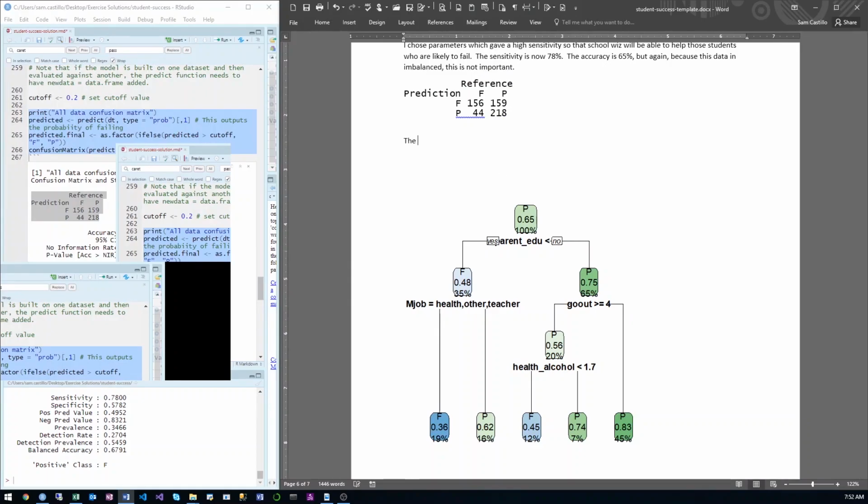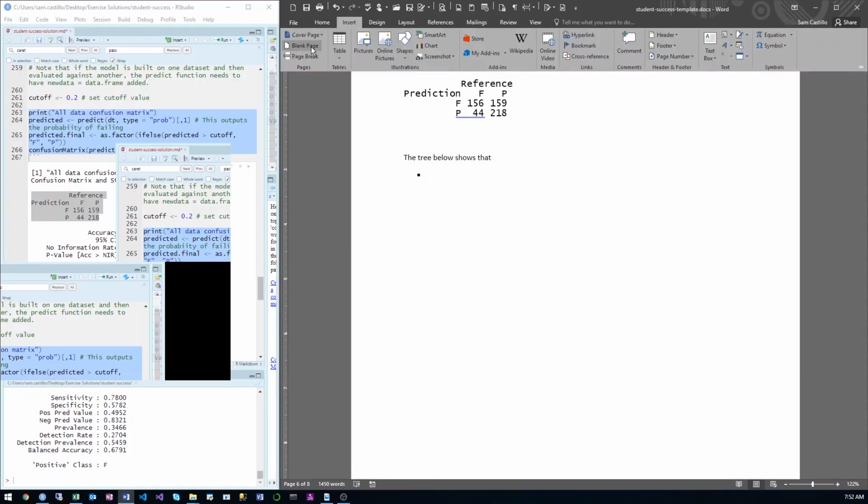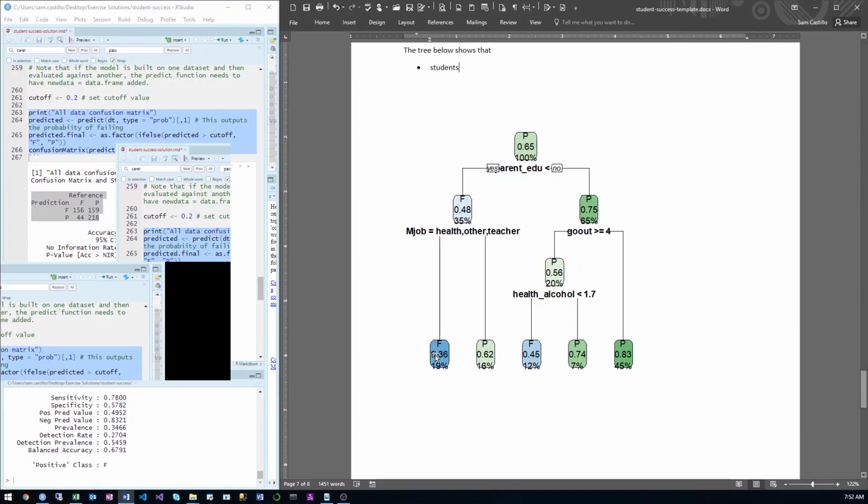Okay, the tree below shows that, insert a page break. So here the color represents the pass rate. So green is a high pass rate, blue is a low pass rate. So these green students here have the highest pass rate.